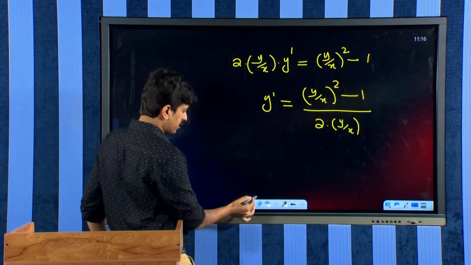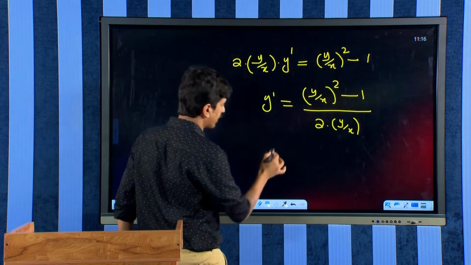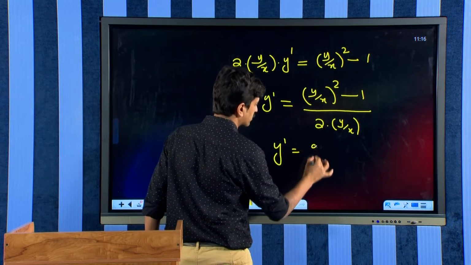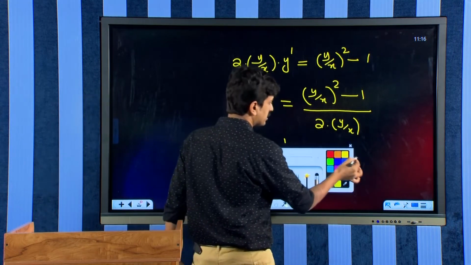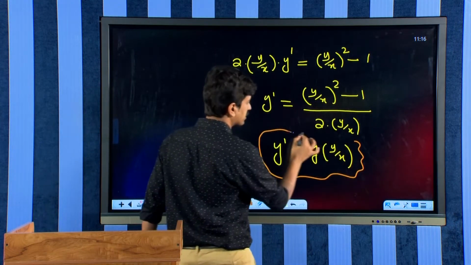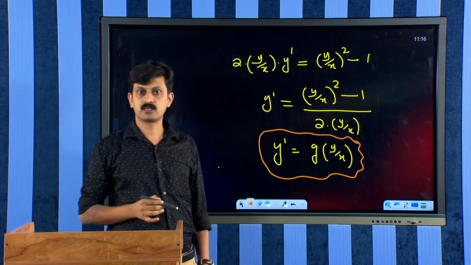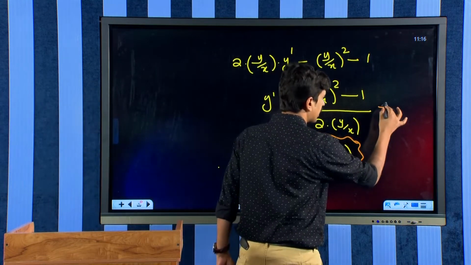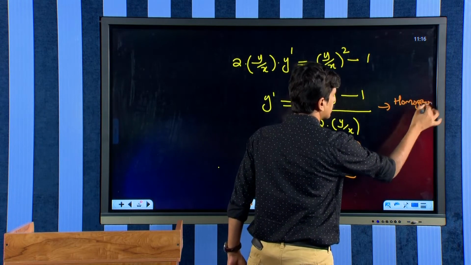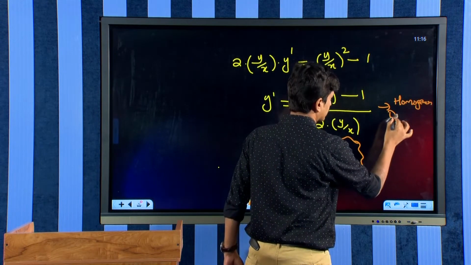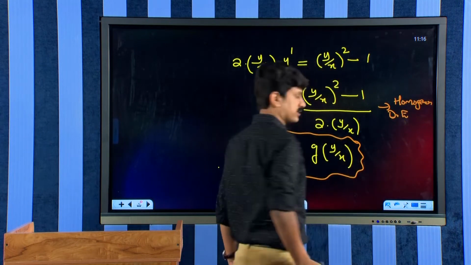From here, we have y dash is equal to some expression in y by x. Therefore, we can say y dash is equal to g of y by x, so that we can say that this is a homogeneous first order differential equation.